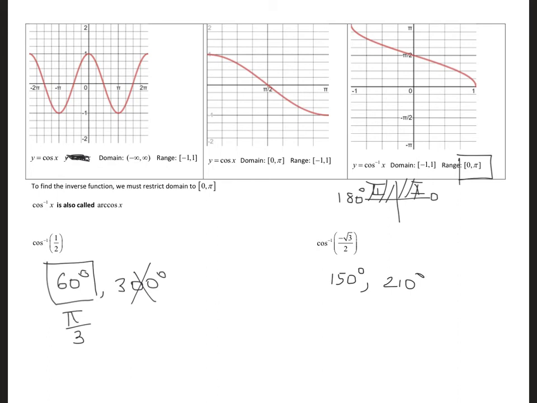Those are the only two values which are negative. Then I just have to remember the condition. It has to be between 0 and pi, or 0 and 180 degrees, or quadrant 1 and 2. So 210 doesn't meet that criteria. The only one which meets the criteria is 150 degrees, which is the same as 5 pi over 6. So that's the answer.